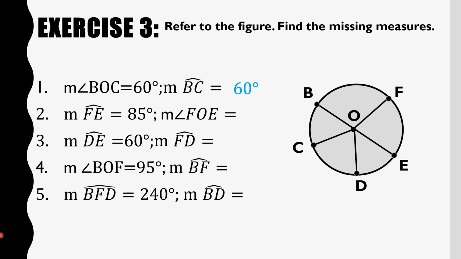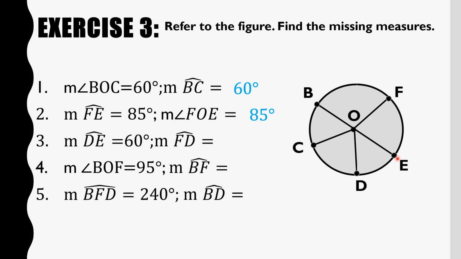For number 2, the measure of arc FE is 85 degrees. What is the measure of angle FOE? Very good. The correct answer is 85 degrees because the degree measure of the intercepted arc is equal to the corresponding angle.